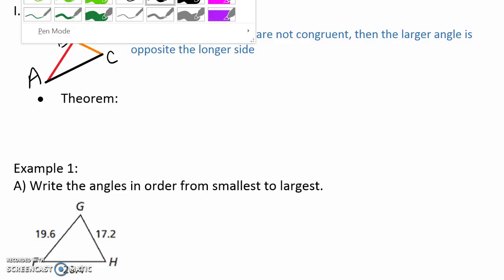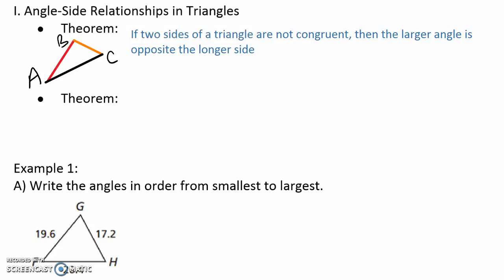So for example, if I know that the measure of AB is greater than BC, that also tells me the angles opposite those sides share a relationship as well. So what do I mean by angle opposite the side?